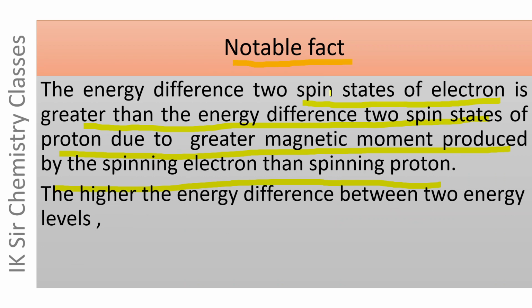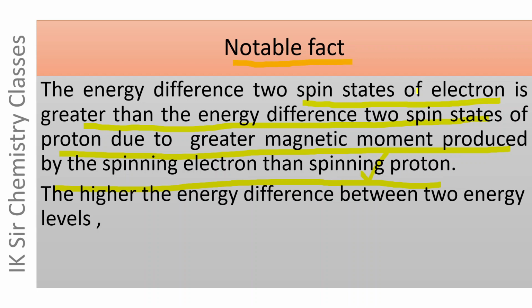The energy difference between two spin states of electron is greater than the energy difference between two spin states of proton due to greater magnetic moment produced by a spinning electron in comparison to a spinning proton. We have already seen that the energy difference between two spin states of electron is g B beta.